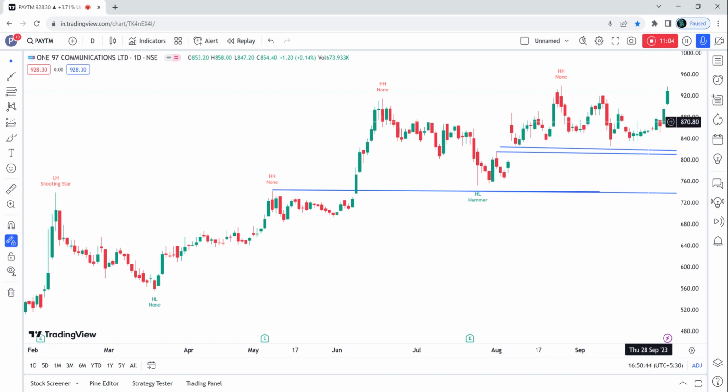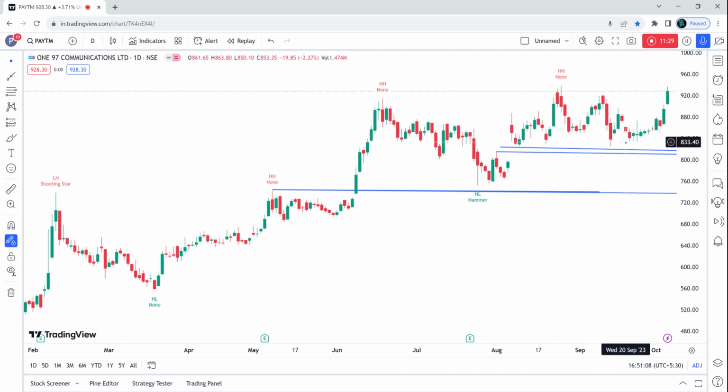If you look closely, this particular low and these lows are not at the same level in terms of the lows of the candles. But if you look at the close of the candles, I think both the small zones, this zone and this zone, are at the same level.